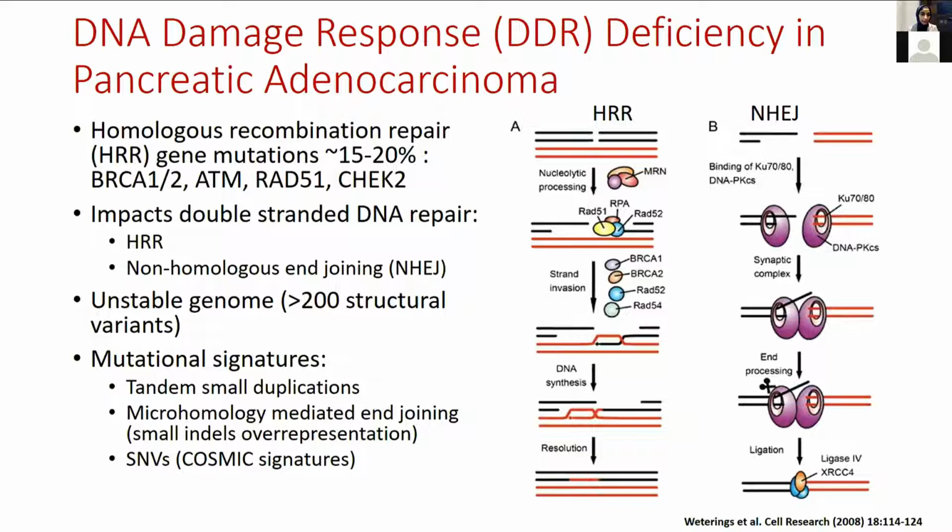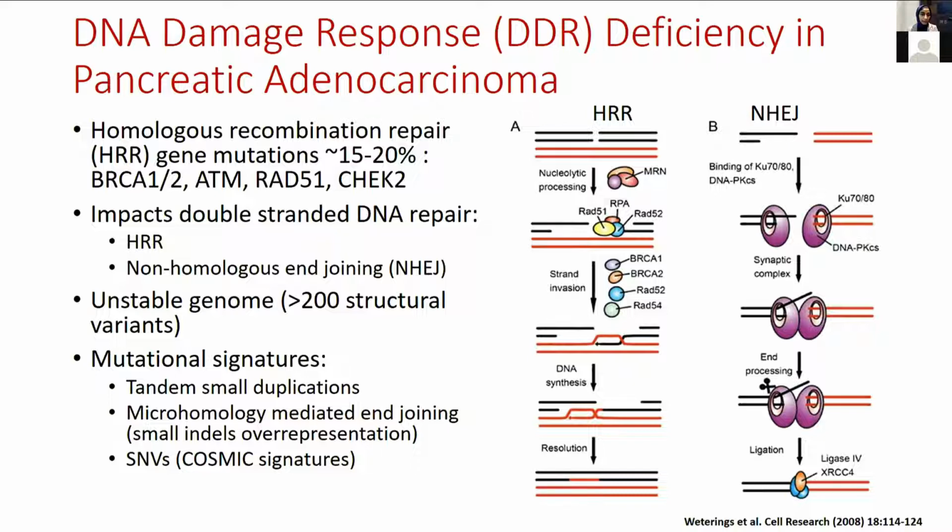So regarding DNA damage deficiency in pancreatic adenocarcinoma, it has been observed that homologous recombination repair gene mutations occur at a rate of 15 to 20%, most commonly in BRCA1, 2, ATM, RAD51, and CHEK2.